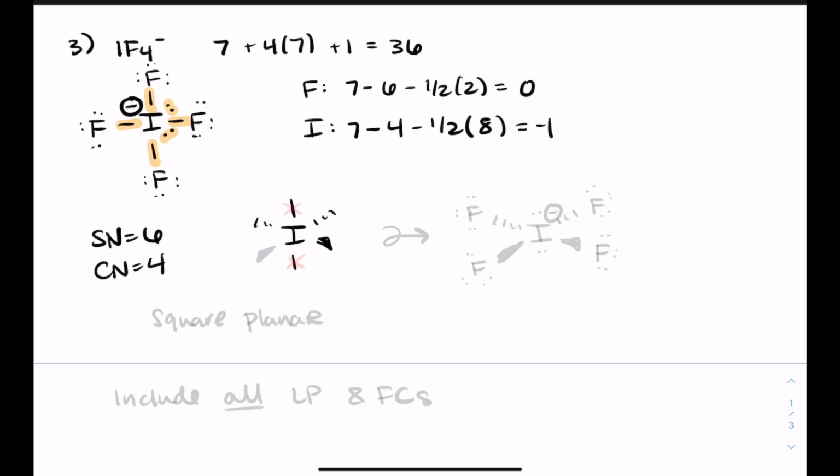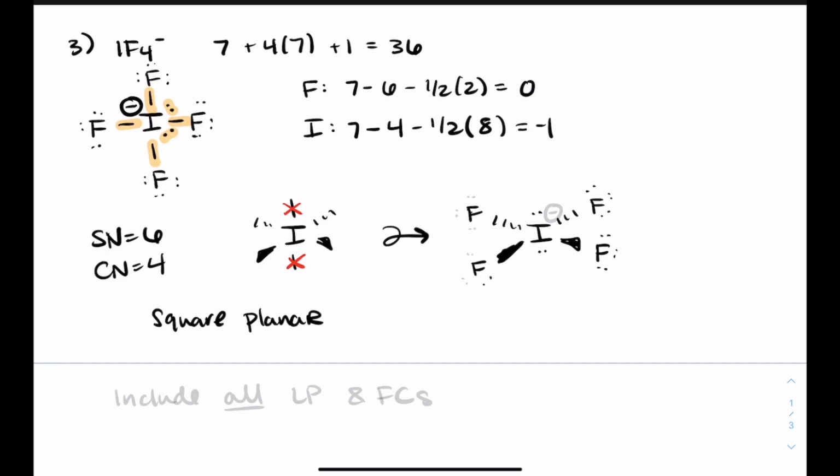What this gives me is a square planar molecule. So I've got my 4 fluorines all in one plane, right, 90 degrees away from each other, and then the 2 lone pairs are as far apart from each other as they can get on the iodine, and the iodine has a negative formal charge. So this is my square planar IF4 minus, all of my lone pairs, all of my formal charges shown.